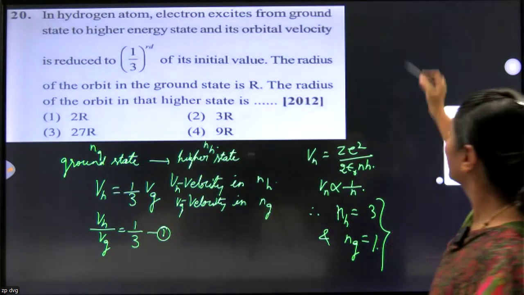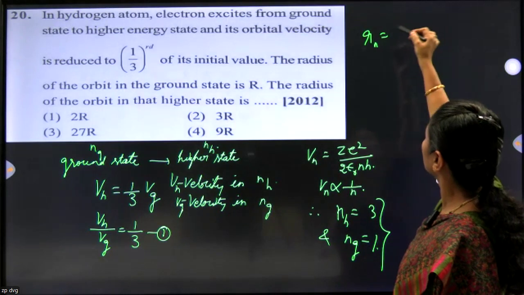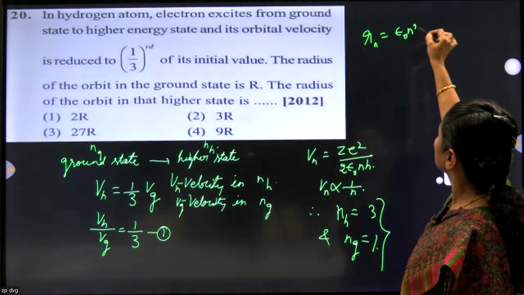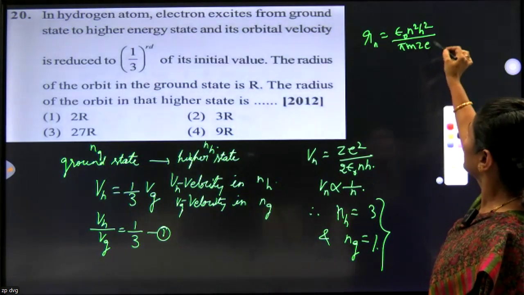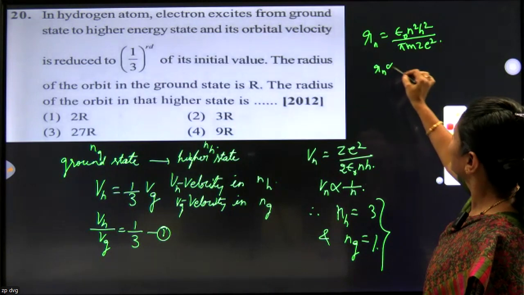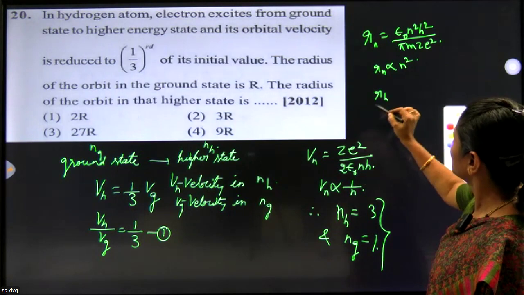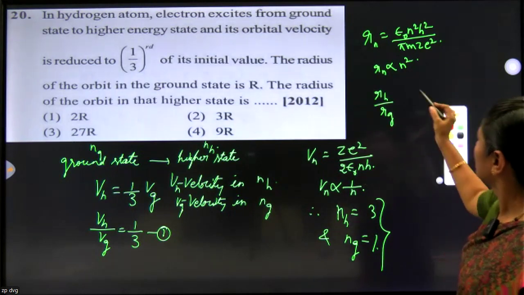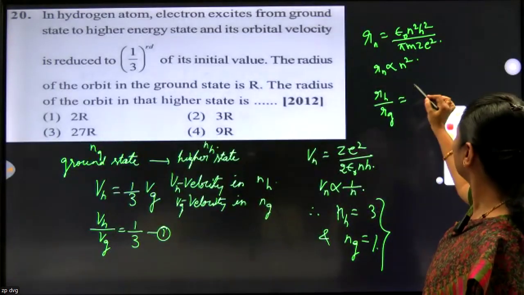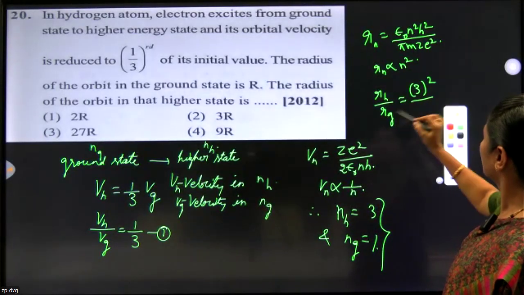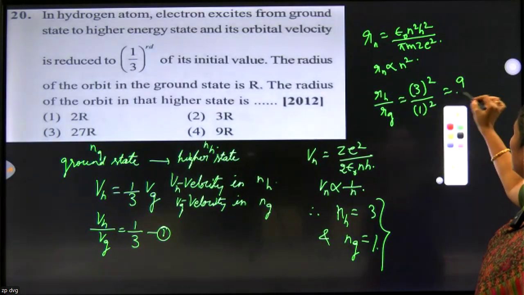Again, we know that the radius of the nth orbit is equal to epsilon naught n square h square by pi m Z e square. Here Rn is directly proportional to n square. Consider Rh by Rg, that is equal to 3 square by 1 square, that is 9 by 1.